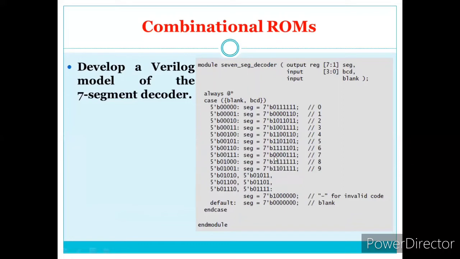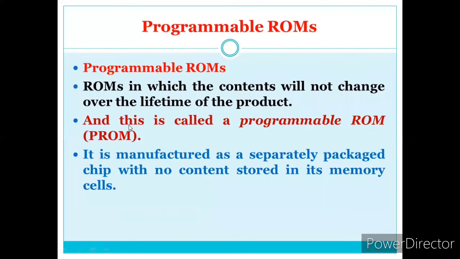We have already seen it in the first module. For the remaining default case, we have a dash as an invalid code, and the last default is blank. Blank means nothing should be displayed. This is the 7-segment decoder program for the combinational ROM.